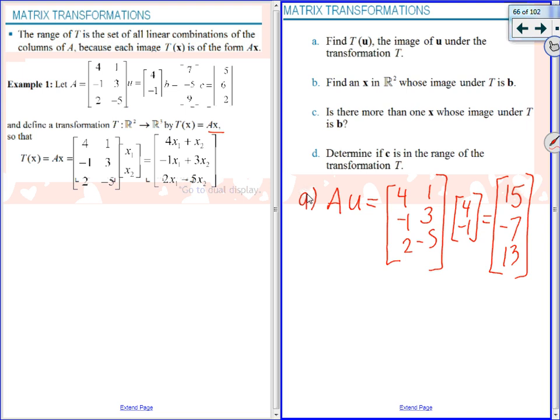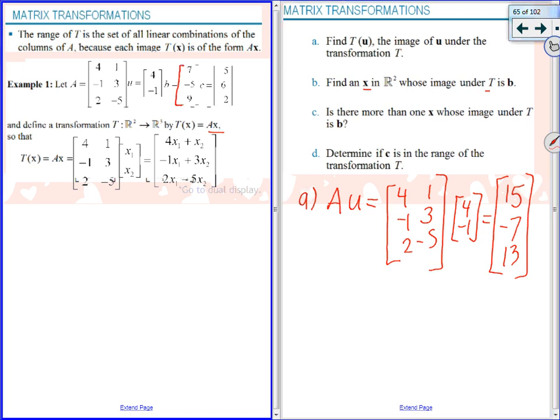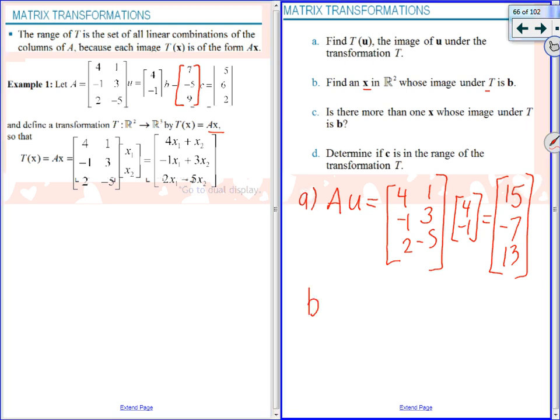So then part B, find an X whose image under the transformation T is B. In other words, I want you to find what the pre-image is if the image is B. What's the pre-image? Is that the U value?